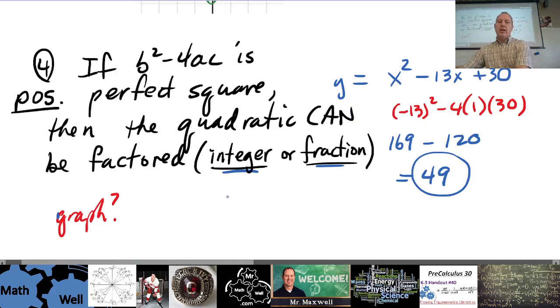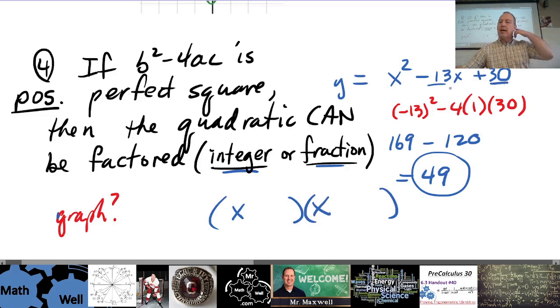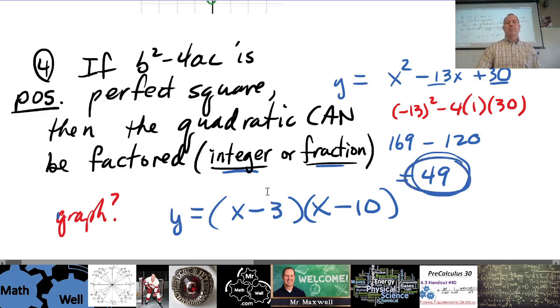And of course, I could factor this pretty easily. Again, two numbers that multiply to 30 and add to negative 13: minus 3 and minus 10, right? So that means that this can be factored probably pretty easily. Okay? All right. Any questions?